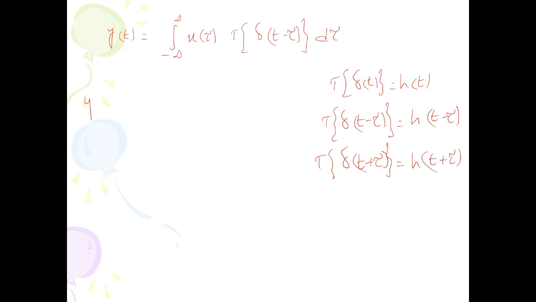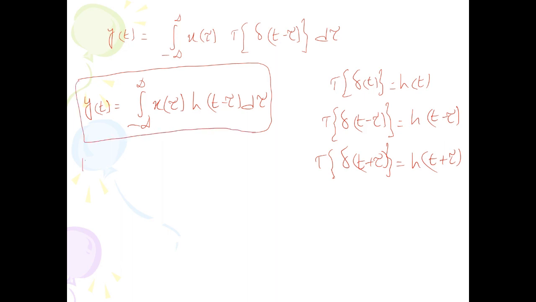So finally, y of t is equal to the integral from minus infinity to plus infinity of x of tau h of t minus tau d tau. This equation is called the convolution integral. So y of t is equal to x of t convolved with h of t.